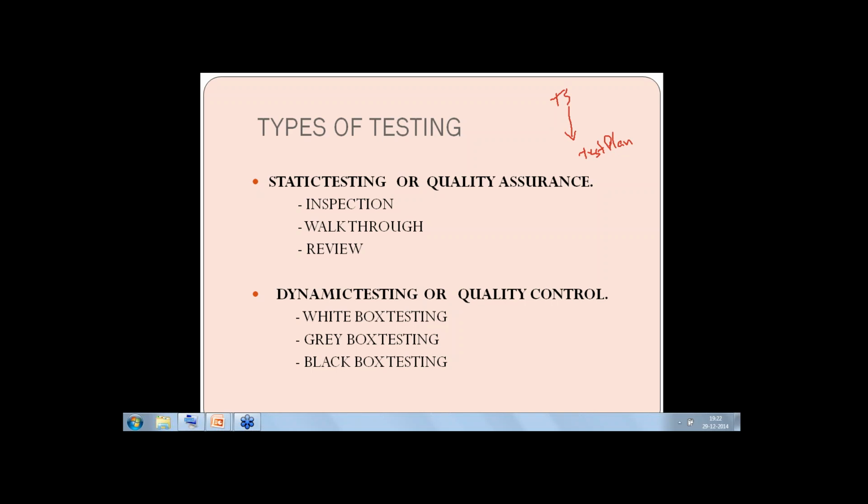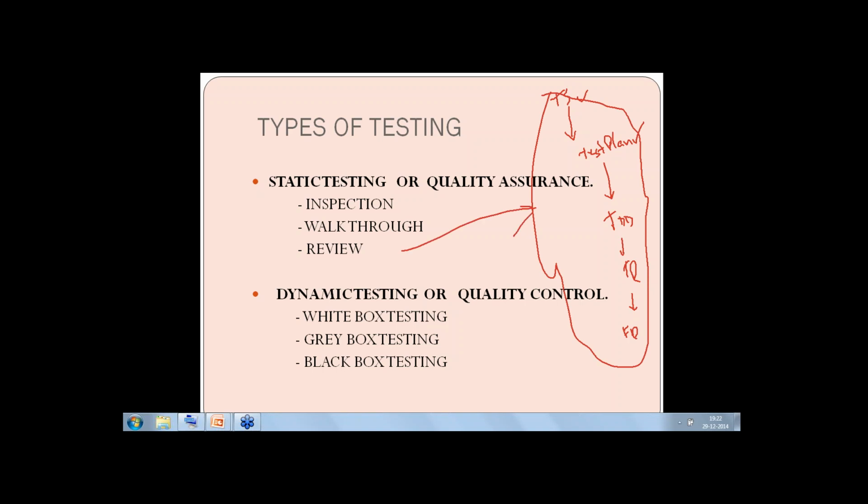So be it a test strategy document, a test plan document, a test design document, a test report document, or a final report document for testing, all these documents are going to go for a review process. This is important.